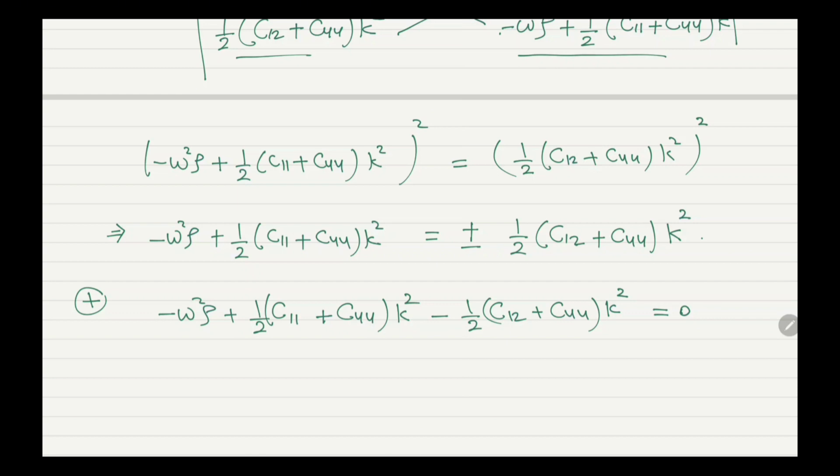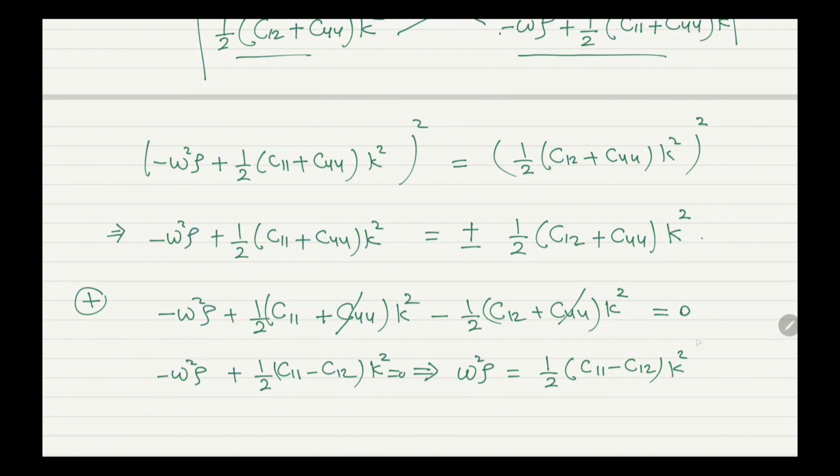This one will cancel out with this one, and you will get minus omega square rho plus half C11 minus C12 times k square equal to 0. From this you will find omega square rho is equal to half C11 minus C12 times k square, and this is one of the solutions we have.